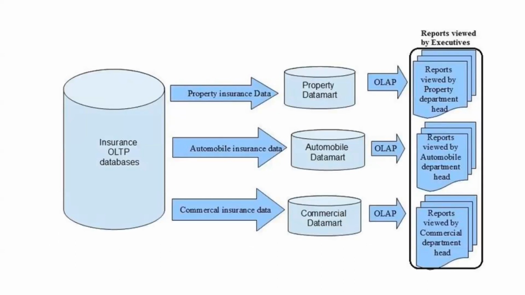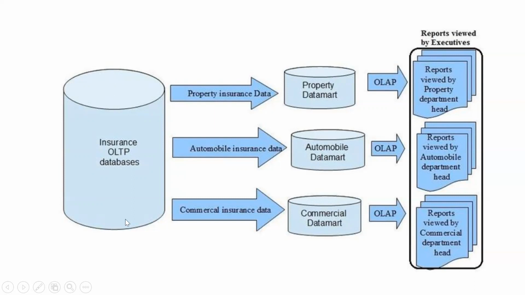So here is another flowchart diagram. Over here you can see the insurance OLTP systems. All the property related insurance data I'm pushing to the property data mart so that it's good for OLAP analysis. The reports can be created, and only the property department should have access to these reports.